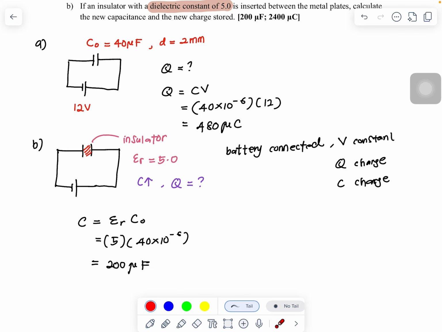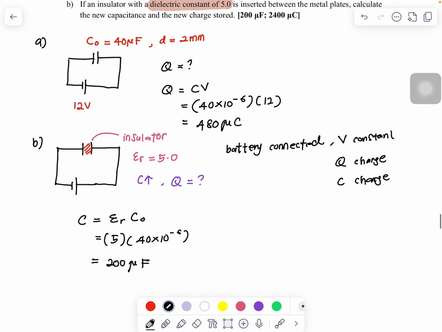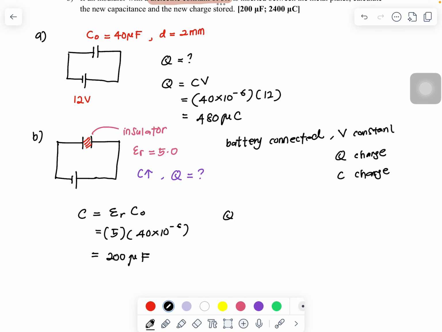And then the next one, we want to calculate the new charge. Okay, guna saja formula yang tadi di atas. Okay, Q equal to CV. Tapi C kita kena C yang final lah. C yang final, 200 micro dan darab dengan V, since V doesn't change. Okay, V dekat sini constant sahaja 12.